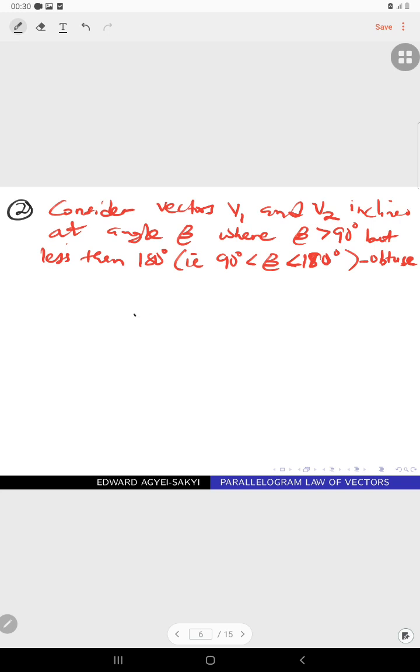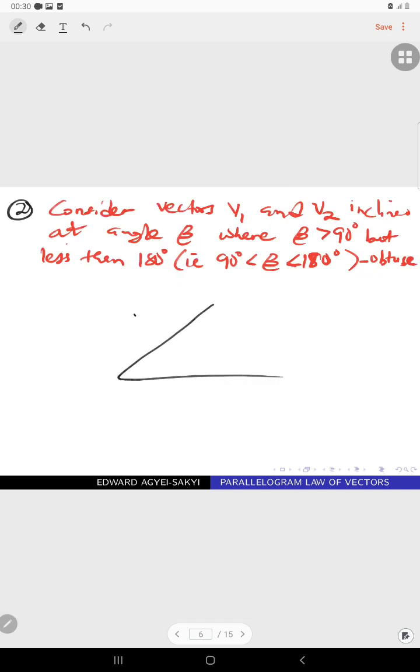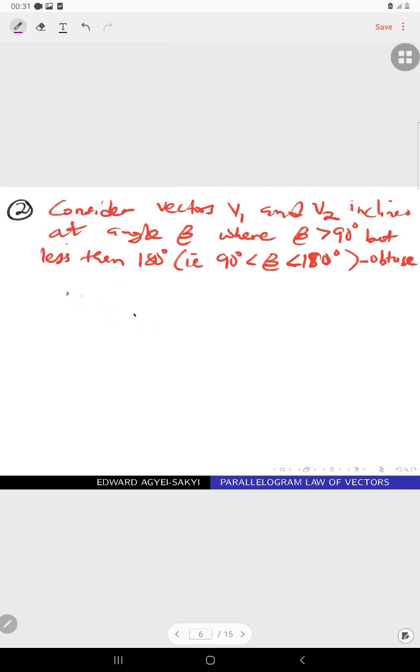For example, they give you values like 120, 110, 130, 150. All these are greater than 90. So you can't draw it by showing the angle like this, because this angle is not obtuse. This is still acute. So if it is obtuse, then you have to draw it something like this.